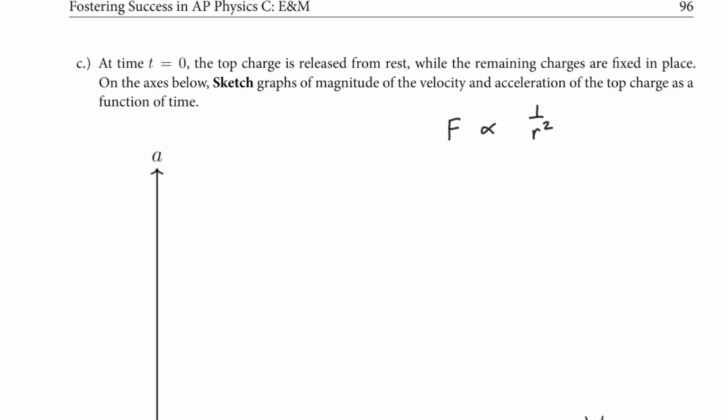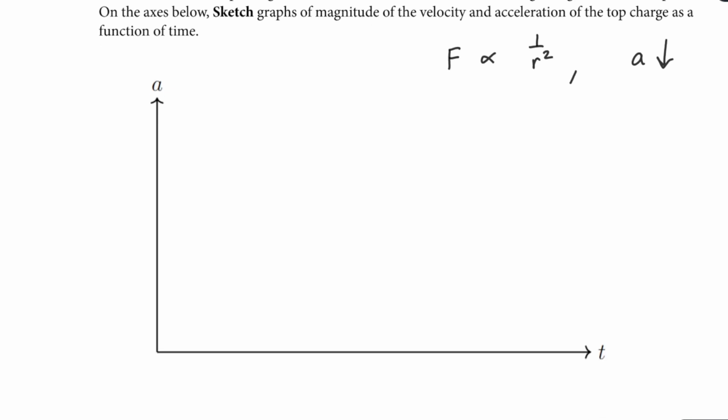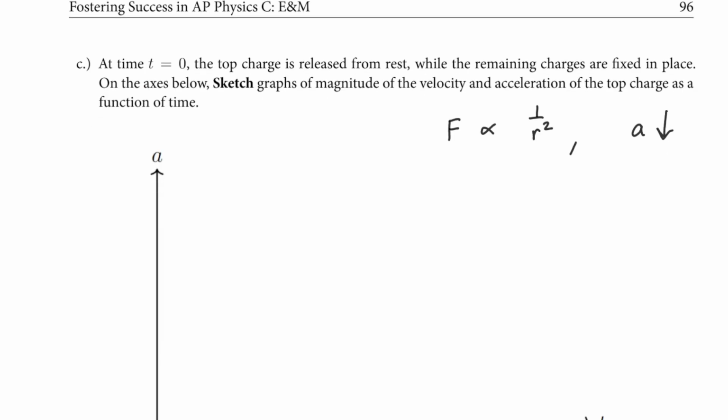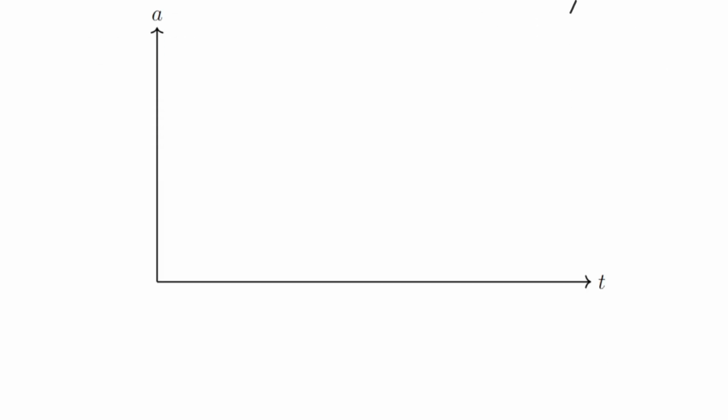Since the force is decreasing as the charge gets farther away, A is going to decrease with time, and we get 0 acceleration if we're very, very far away. At time equals 0, we're going to accelerate. So this is just any sort of decaying exponential. Maybe I'll decay it a bit faster here.